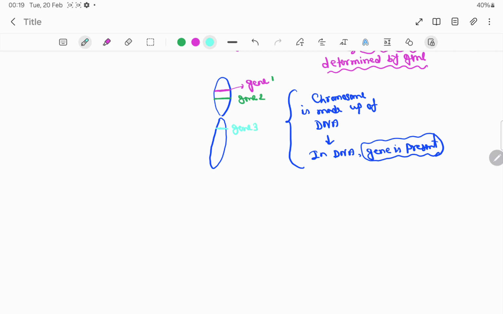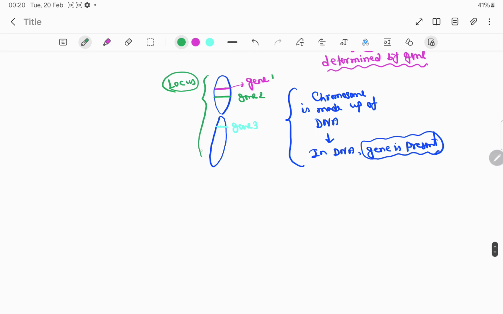So in a chromosome multiple genes can be present. The particular location where the gene is present is called the locus of that gene. Locus means you can say this is the particular room. If the entire chromosome is a house, then in a house there are different rooms.